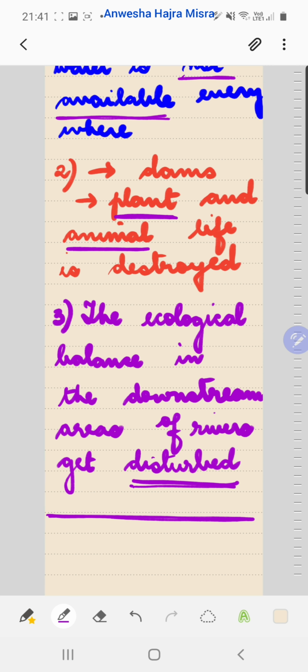So we go to the last type, production of electricity from nuclear energy.